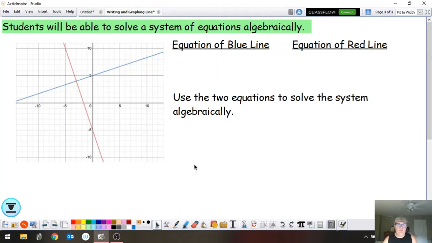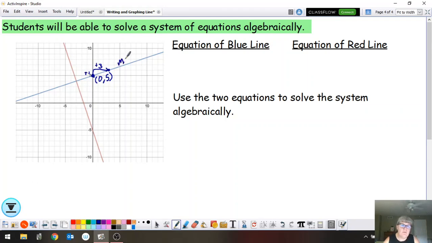Here's a situation where we have two lines. We're going to write the equation of each line. Starting with the blue line, we have a y-intercept of (0, 5), and we have a slope of rise of 1 and a run of 3, both being positive.